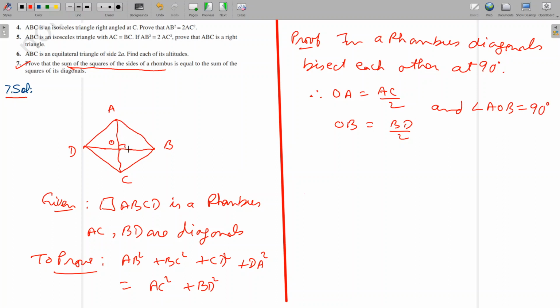Because then this will become a right triangle and we can use Pythagoras theorem. So now we will go to right triangle AOB.